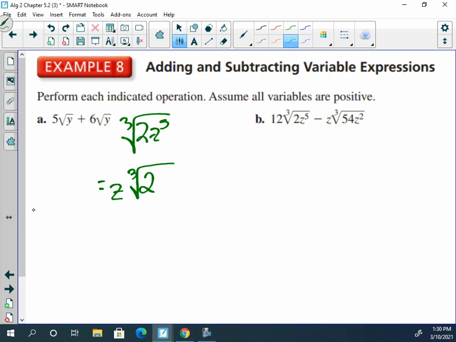And how many do I have left over? Because we're only able to pull a group of 3 out once. And once we pulled that out, we had 2 left over. Okay. So this is as simplified as it gets, so we can pull it back in here. So we'd have 12z times the cubed root of 2z squared. I didn't include the 12 when we were simplifying it, but we do have to put it back in place.